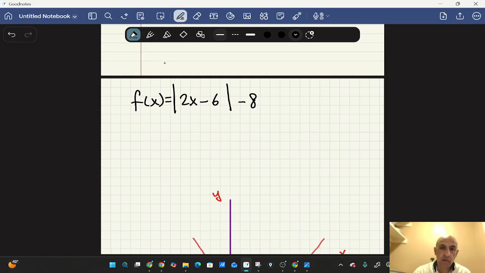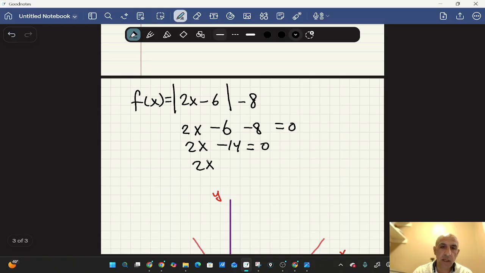First, we take it like this: 2x minus 6 minus 8 equals 0. Here is 2x minus 6 minus 8, which is minus 14, equal to 0.